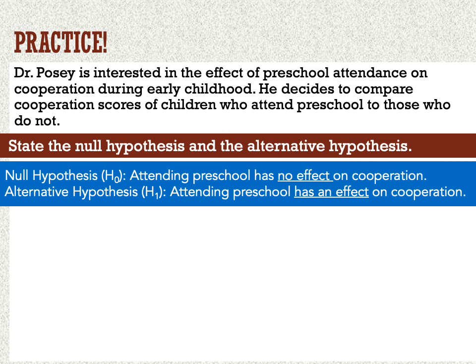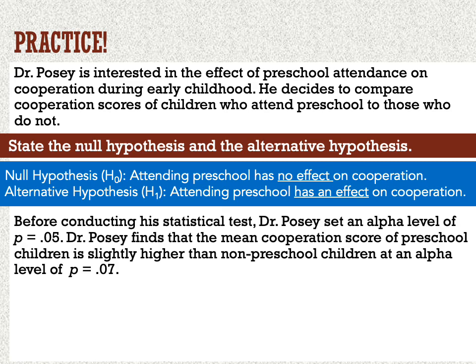All right, so the null hypothesis is that attending preschool has no effect on cooperation. Remember, the null hypothesis is that nothing's happening. The alternative hypothesis is that attending preschool has an effect on cooperation. And you can be more specific by saying attending preschool increases cooperation or decreases if that's the hypothesis. So the alternative hypothesis is that there is an effect.